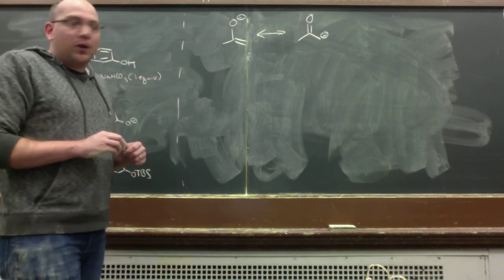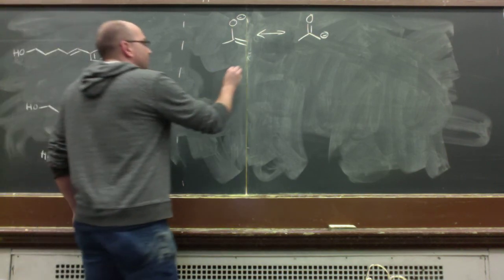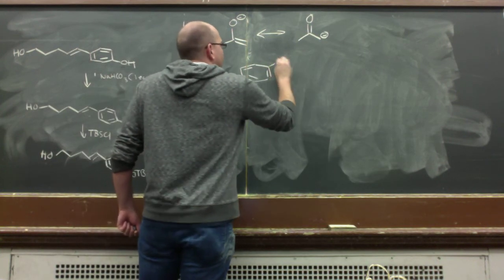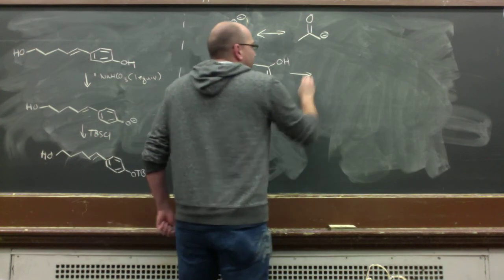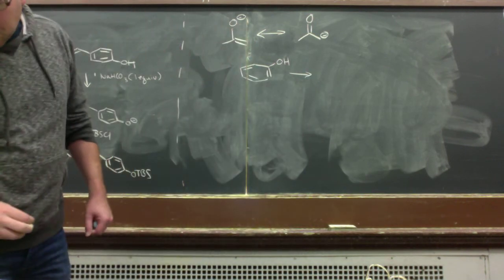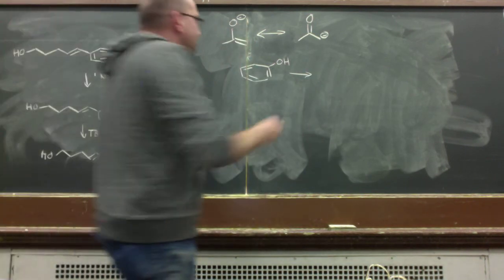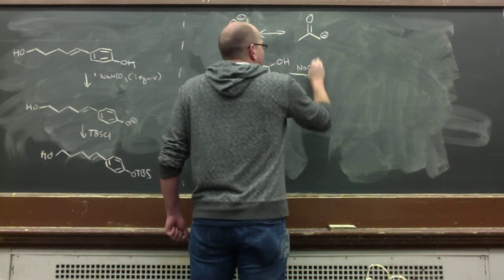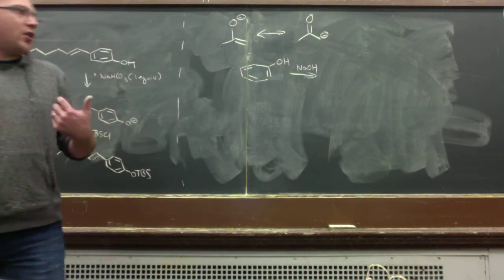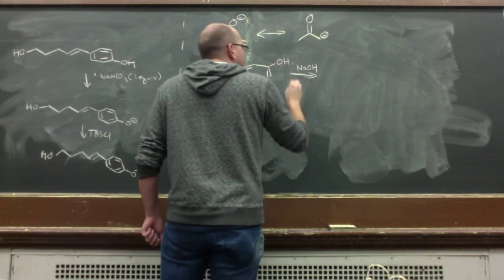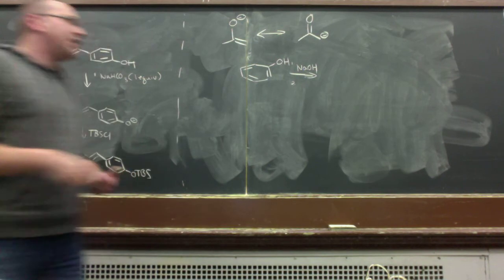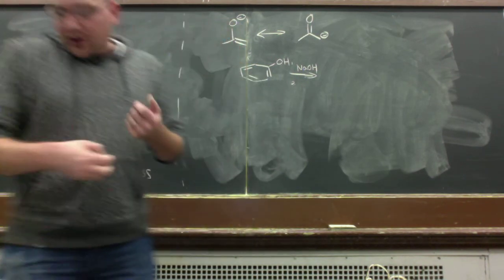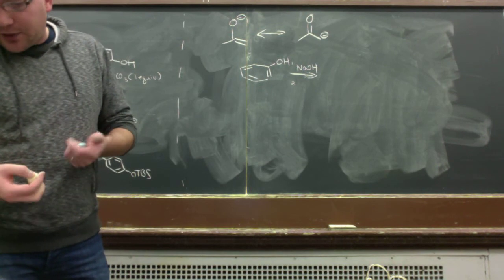So in general, if you take a phenol and you treat it with a base, one that the book uses a lot is sodium hydroxide, you're going to generate the alkoxide. Then you can treat it with an electrophile, and the book gives a couple of examples.